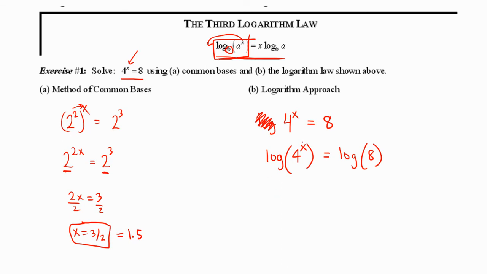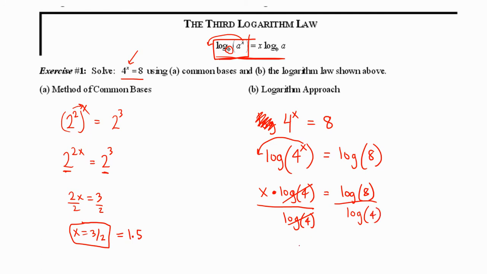Now I can move this x to the front and say x times log of 4 equals log of 8. Log of 4 is just some number, a decimal. If we're multiplying by that, to undo it we divide by log of 4, and that will cancel it out. We do that on the other side too, and we get x equals log 8 over log 4.